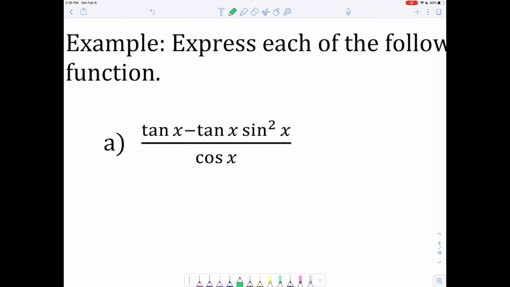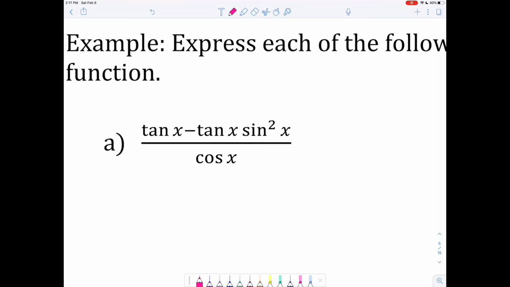I see a sine squared. I know there's a relationship between sine squared and cosine squared and 1. Maybe that could be used to our advantage. Alternately, I'm noticing that on the top, I've got tan x and tan x. There's a common factor of tan x in the numerator.